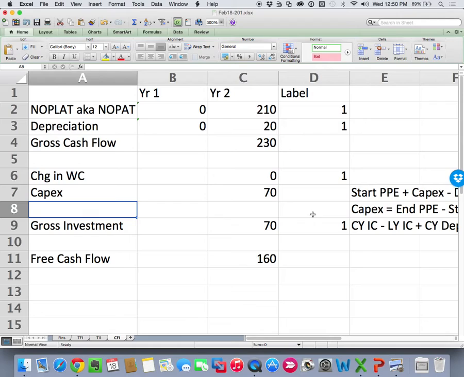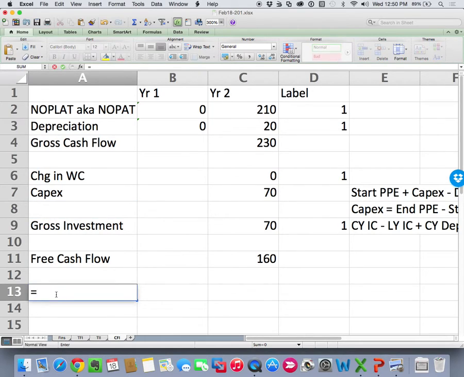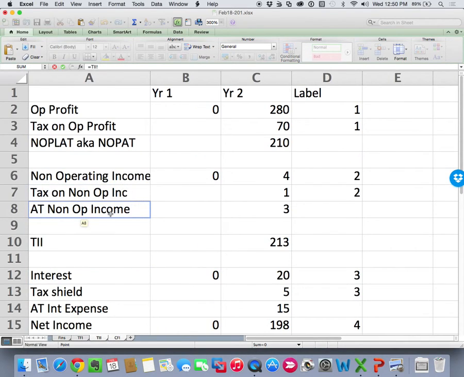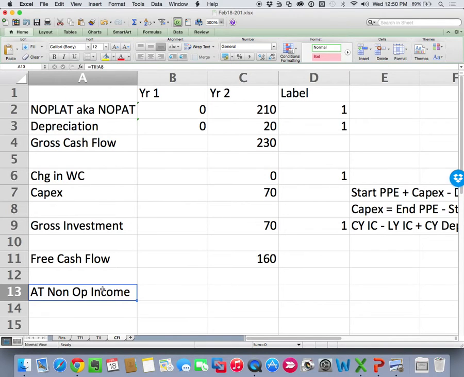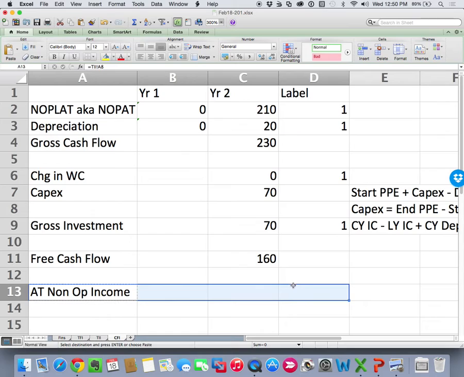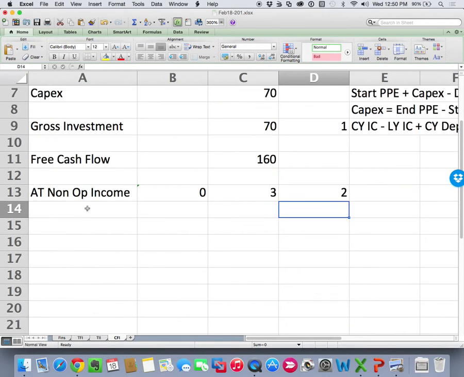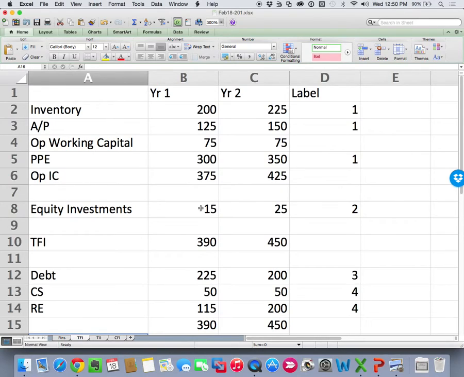Now we want to go through a similar process for the non-operating activities, which is any cash from the income statement from the non-operating activities, TII. So equals, and in this case, it would be the after-tax impact. So the after-tax non-operating income, which would be my non-operating cash flow from the income statement. Then I would look at the change in the balance sheet. Do I have any non-operating items in the balance sheet?